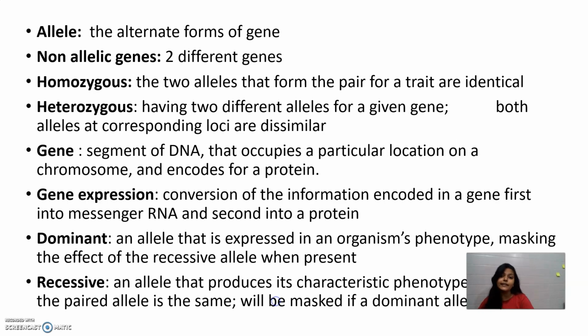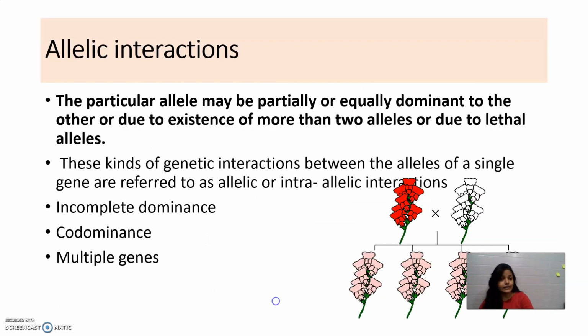This will be shown in the gene interactions. So these are a few definitions, or terms, which we need to remember during this study of genetics. You can remember this, and after this we'll be focusing on the allelic interactions.